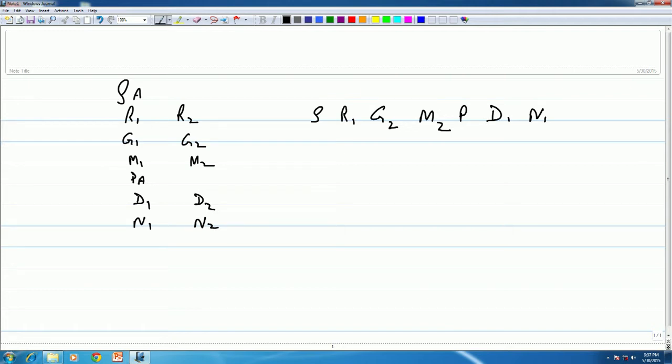Now, if you just take the way of trying to figure out how many combinations are possible. Let us say we have Sa, Re1, G1, and we have Ma1. With this, how many combinations of Dha and Ni are possible?